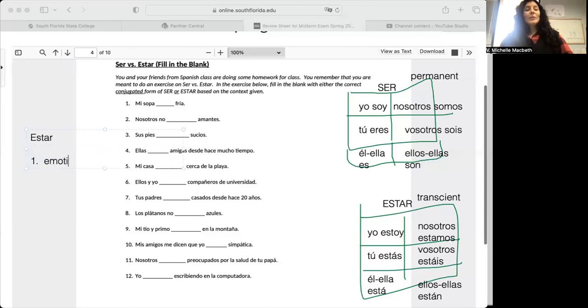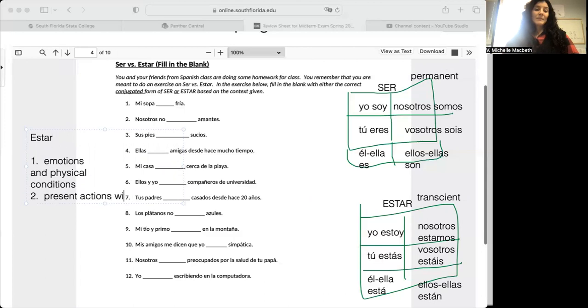1, emotions and physical conditions. 2, actions. 3, physical location.